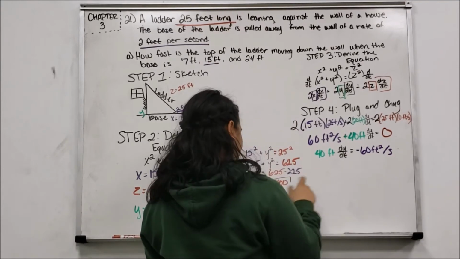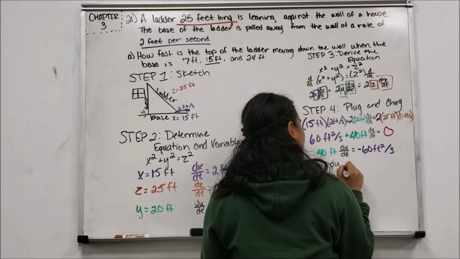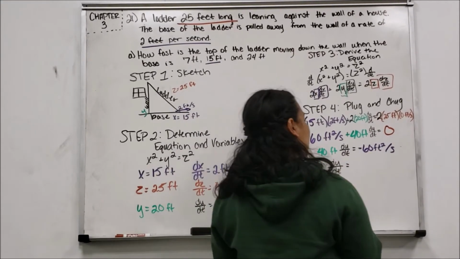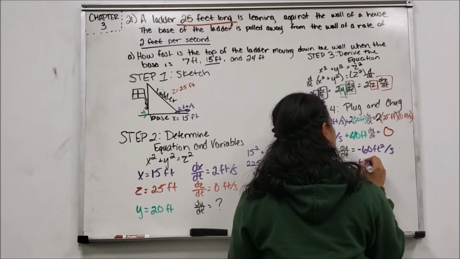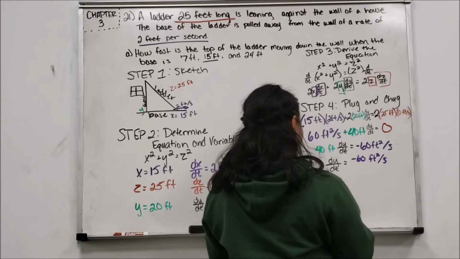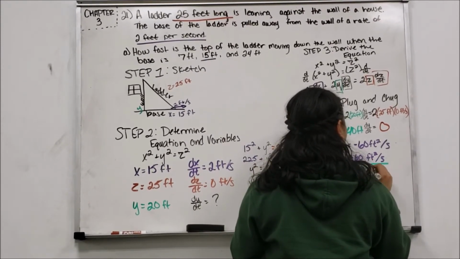And now I'm going to divide by the 40 to continue solving for dy dt. So dy dt equals negative 60 feet squared per second all over 40 feet.